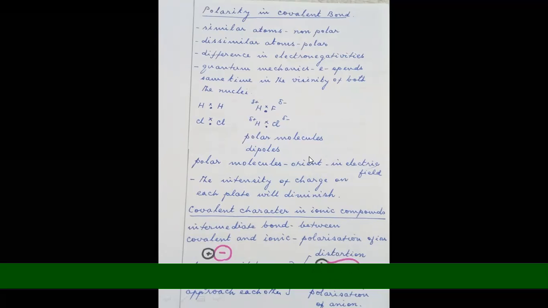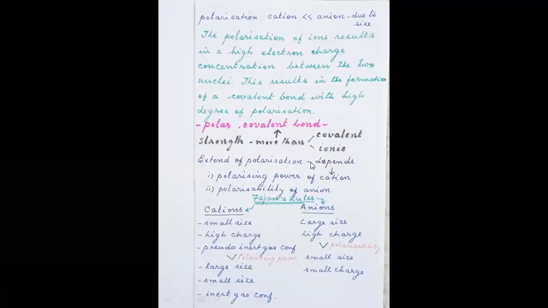Now you can see the polarization of the cation is much less when compared to the anion, because the cation is already electron deficient. So the electronic cloud present in the cation cannot be distorted.